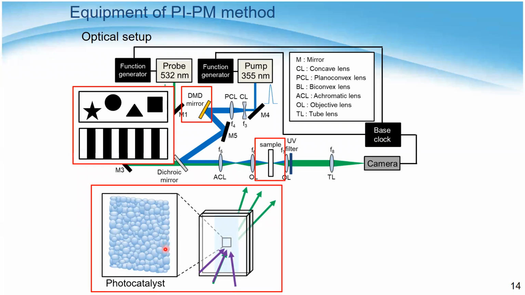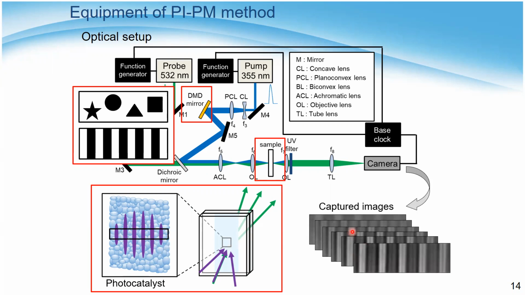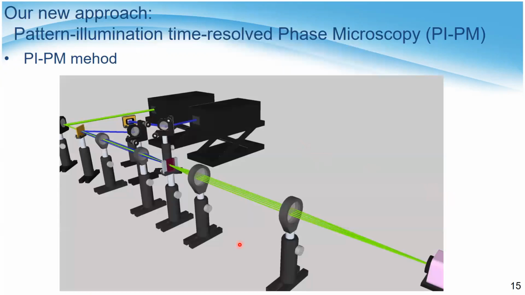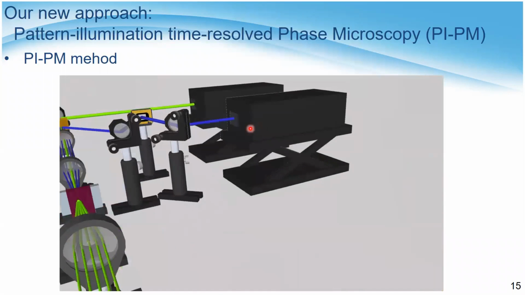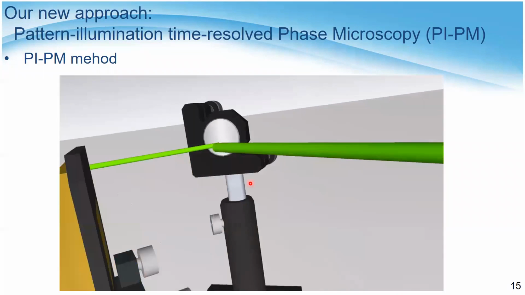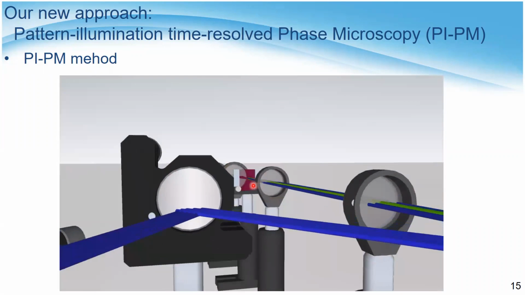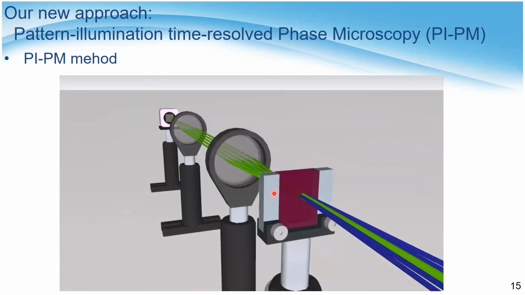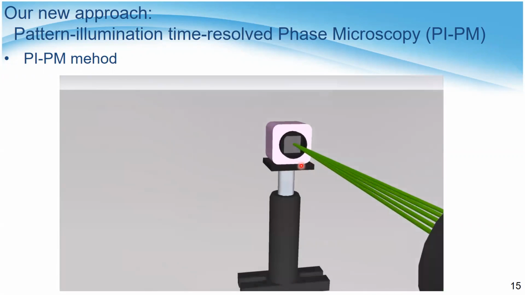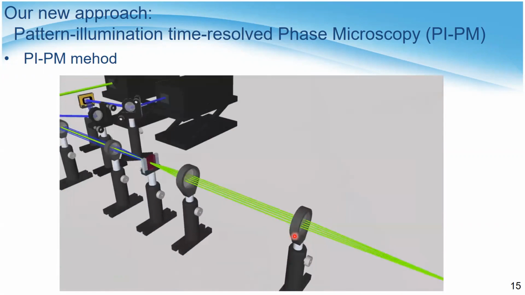The sample is excited with this kind of pattern of light, and due to the charge excitation, the refractive index changes, and then we obtain the time sequence of the images. Here's a setup movie. We illuminate the pump pulse after it is reflected by the DMD mirror to the sample position, and at the same time we image the sample with the Talbot self-imaging method.